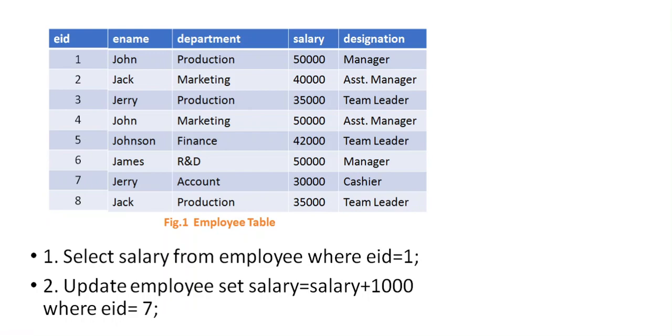For example, if you store data for 100 employees, or 1000 employees, then all those 1000 employees will have a unique employee ID by using which you can identify the exact employee. Okay, so here in this condition, this employee ID is nothing but a key for this table.